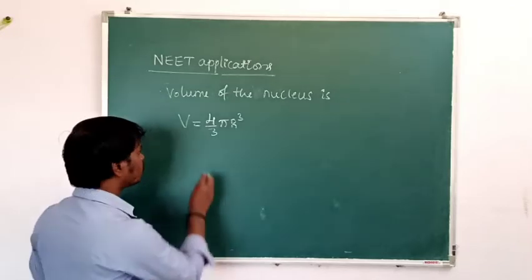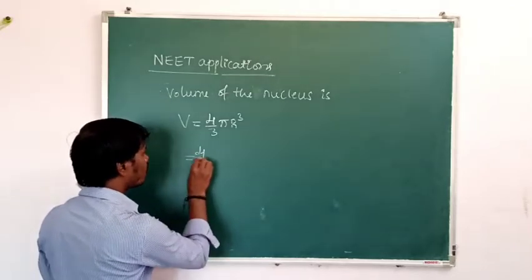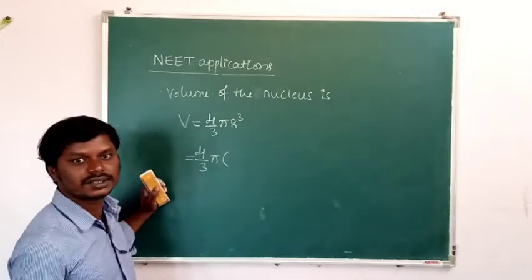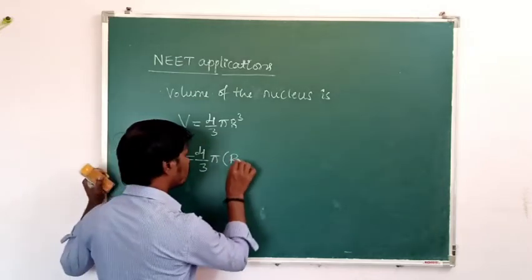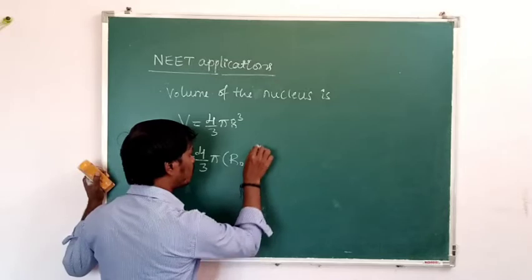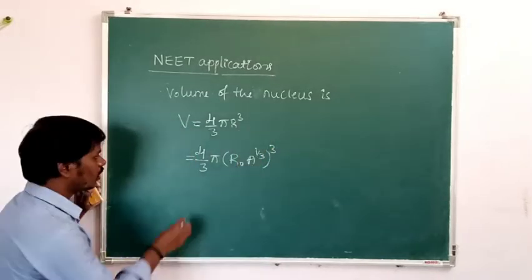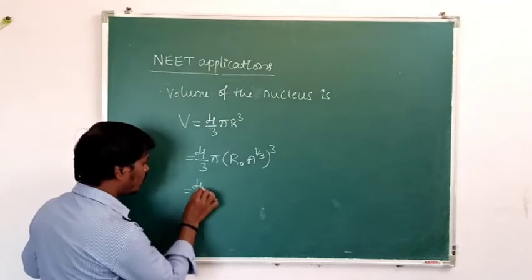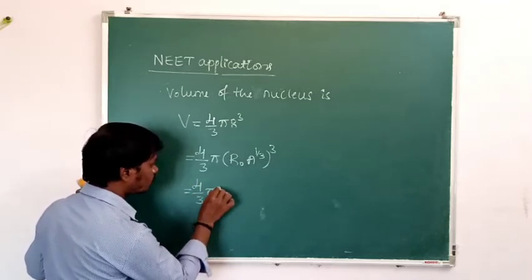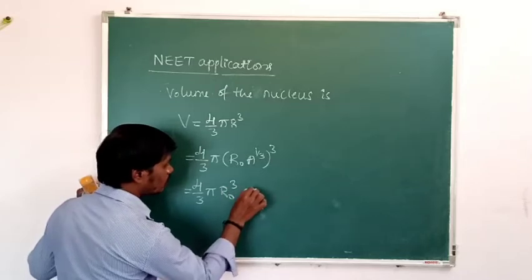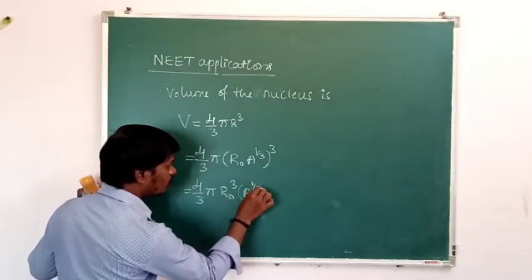Okay, then 4 by 3 pi, r means here r naught into A raised to 1 by 3, whole cube, because r cube is there. Then we can write 4 by 3 pi r naught cube into A raised to 1 by 3 raised to 3.